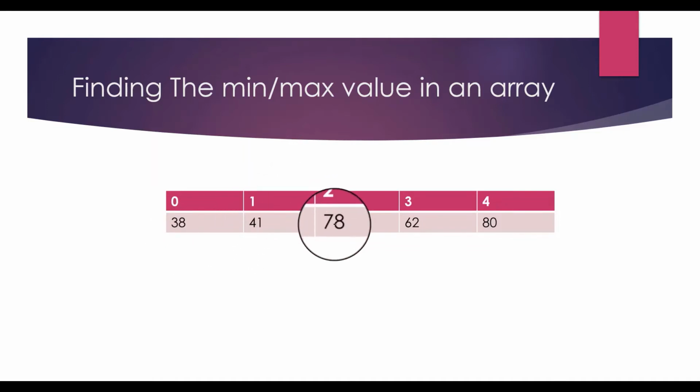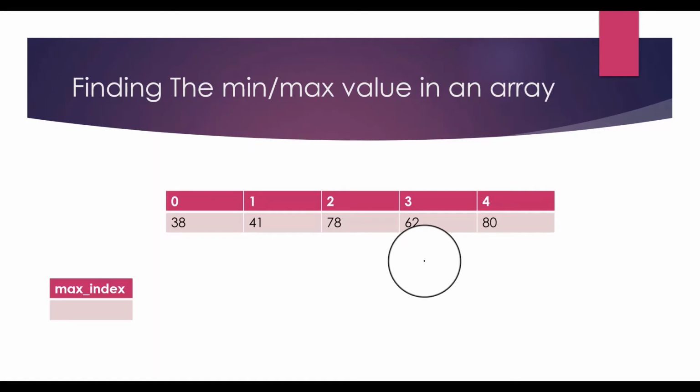We'll go to the next value and compare them, and so on until we reach the end of this array. So the first step is storing the index or the location of the maximum value. We can create an integer variable that we will use to store the maximum index, or the index of the maximum element.